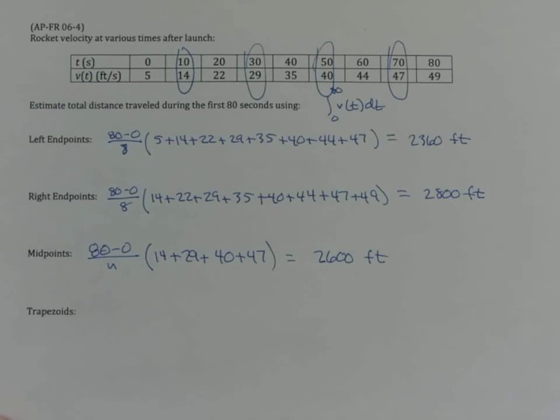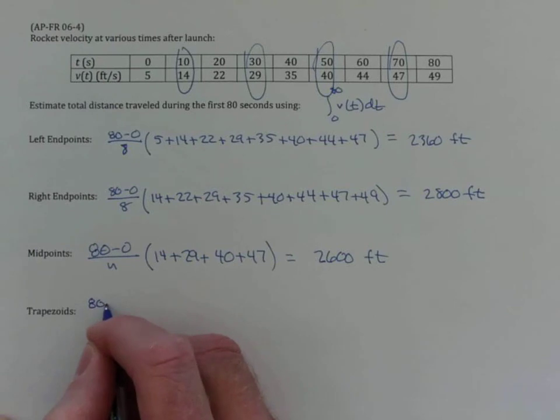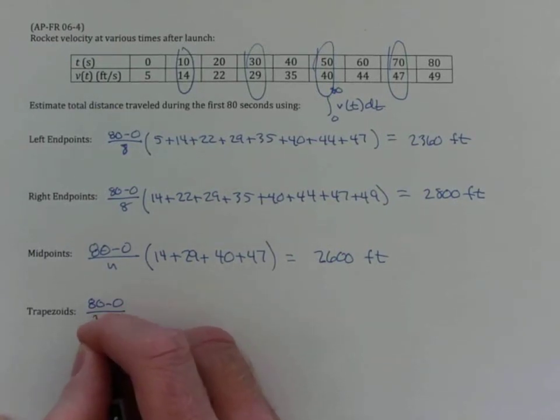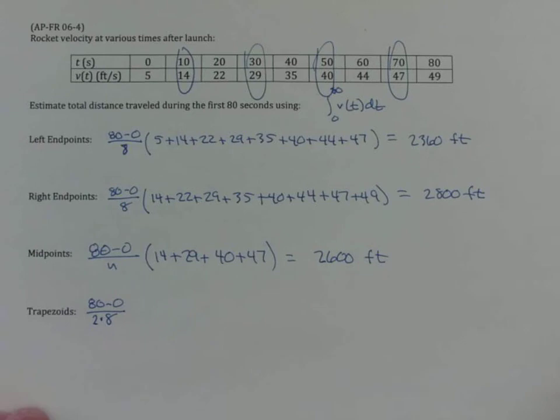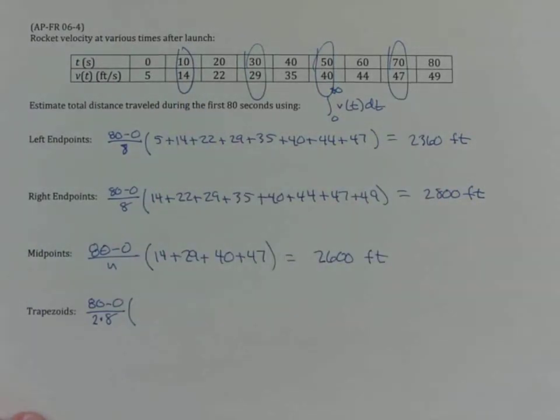Then trapezoids. How's that going to look? Well, that's (B minus A) over 2n. So we're going to have 2 times the 8 subintervals, because we're back to using all of our information. And what goes here in the sum is all of these values, everything but the first and last multiplied by 2.